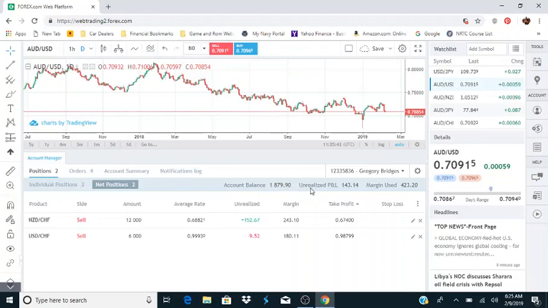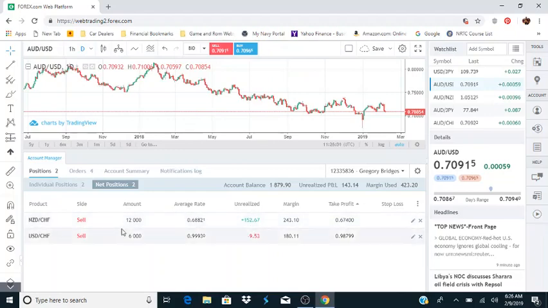And then you see this says unrealized profit and loss. So P and L is profit and loss, and you see it says 143.14, and my margin used is $423.20. If you go down here to this unrealized profit, it says $152.62.